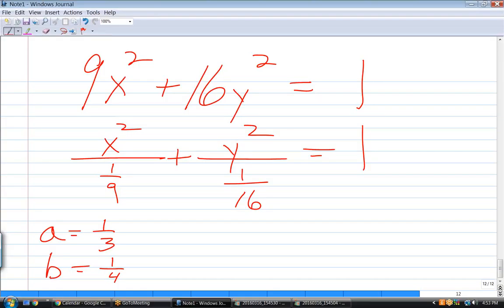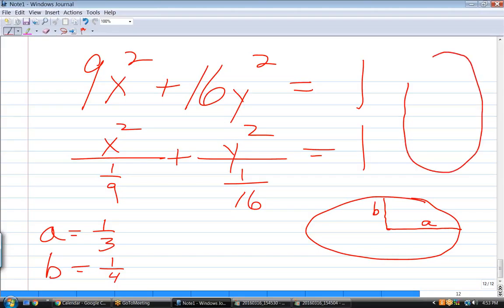And since A is bigger than B, and actually I should say, since A is under the x-axis, it has to be a horizontal ellipse with that being A and that being B. Notice that A is always bigger than B in ellipses. Even if it's a vertical ellipse, A is measured there and B is measured there.